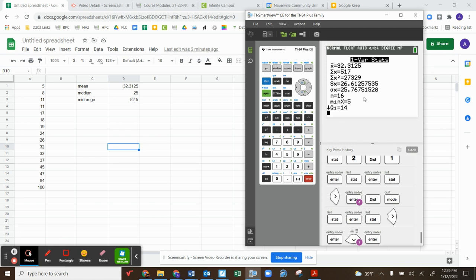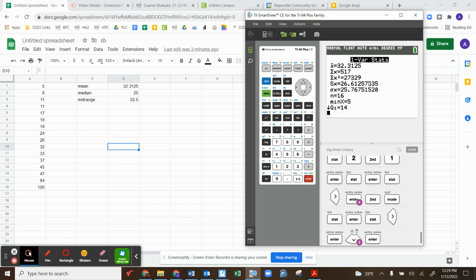You have one for a sample and one for a population. So the fourth thing down, the Sx, is sample, and this Greek letter here is sigma. So sigma x is for a population. For the time being right now, we are going to be taking the samples, so we're going to use the top number here. So approximately 26.61 would be the standard deviation for that.